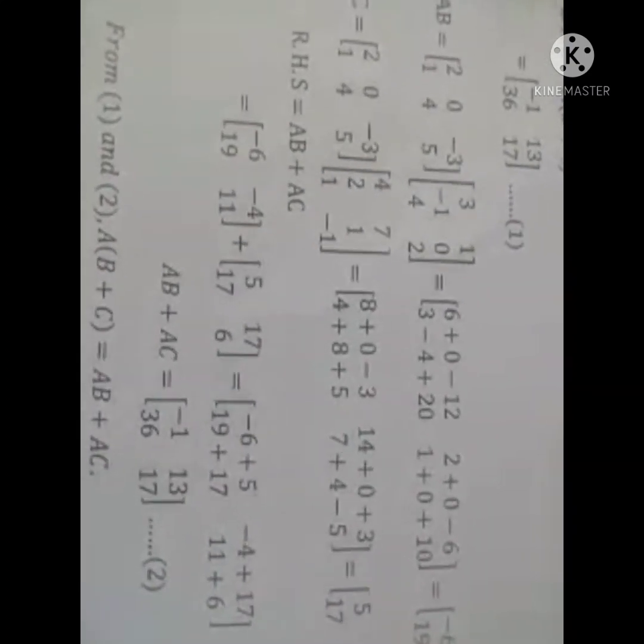So from 1 and 2, A into B plus C equal to AB plus AC. Next one. Find the matrix A which satisfies the matrix equation A into this equal to this.